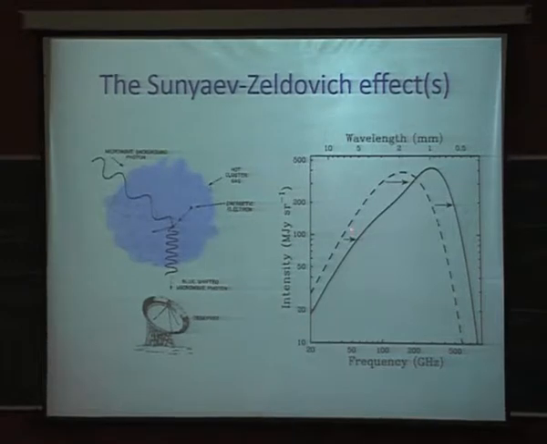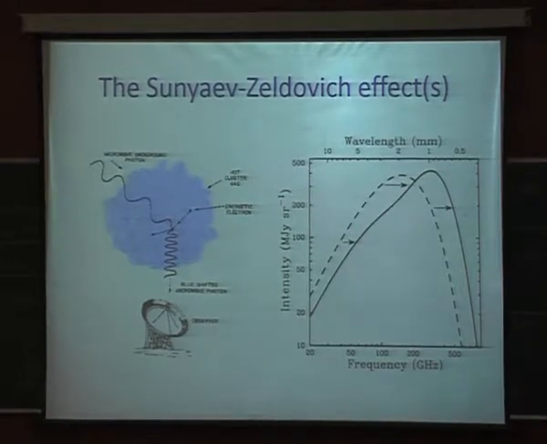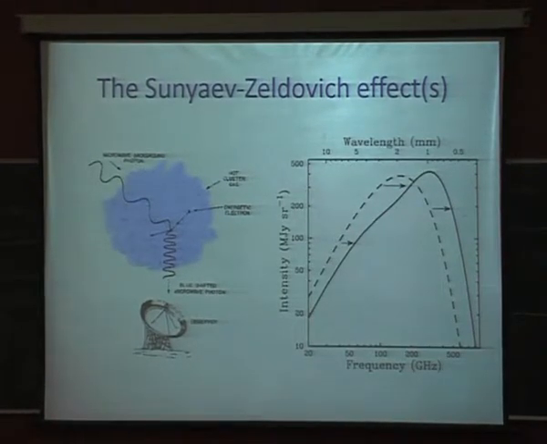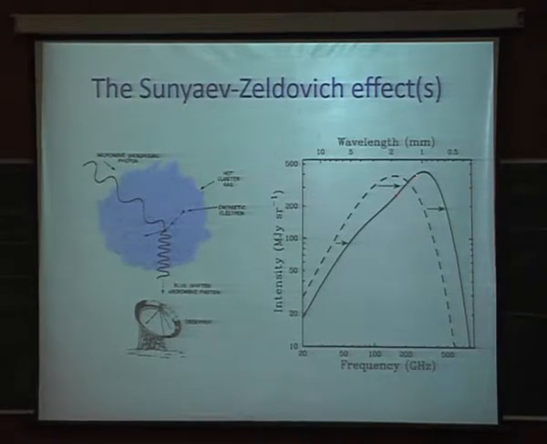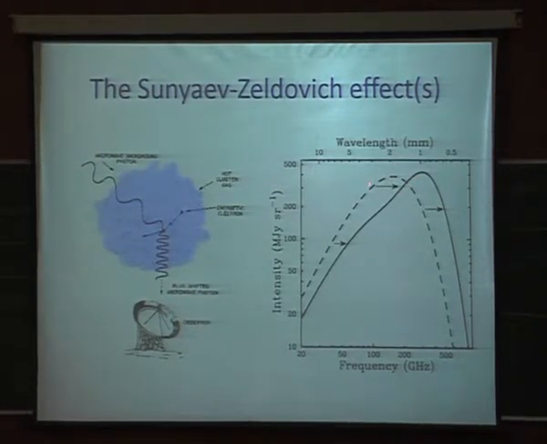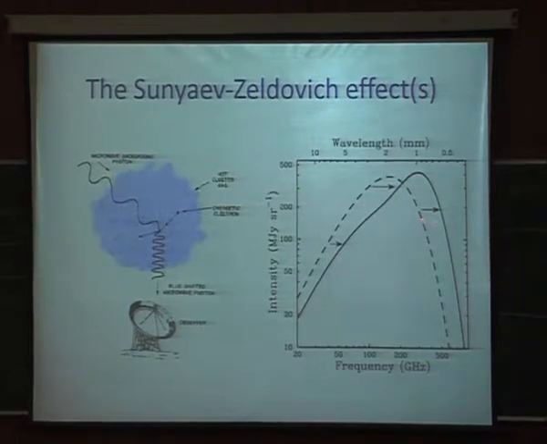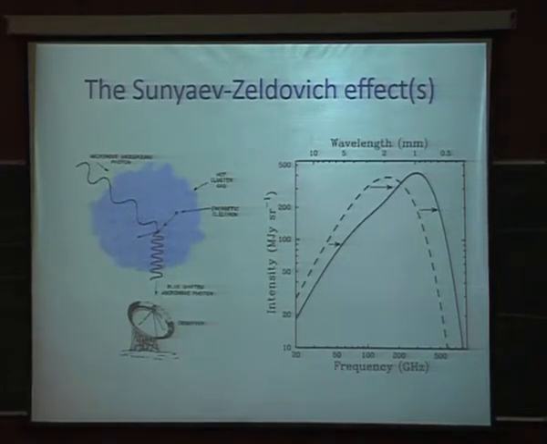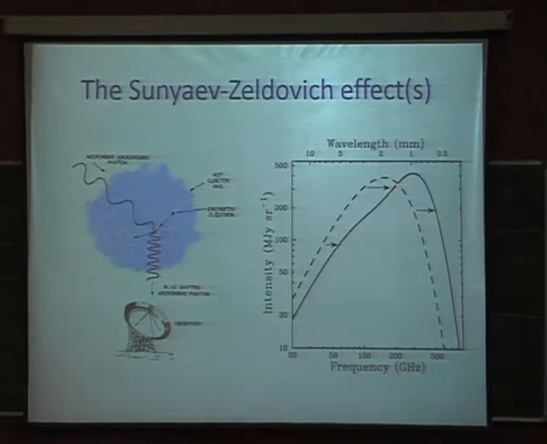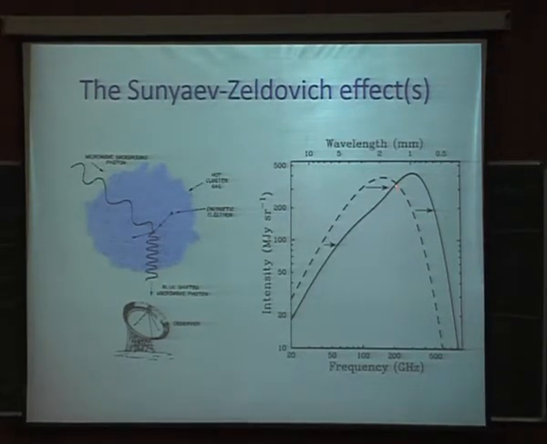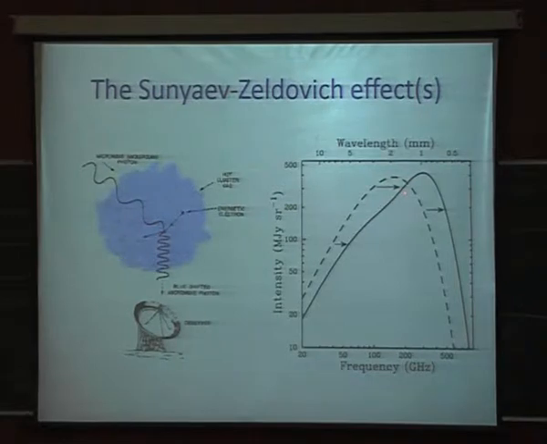The net effect is that this shape can actually be calculated. And what has the shape done? It has taken photons from long wavelengths and made them into short wavelengths. But there is one wavelength at which there was no change in the number of photons.